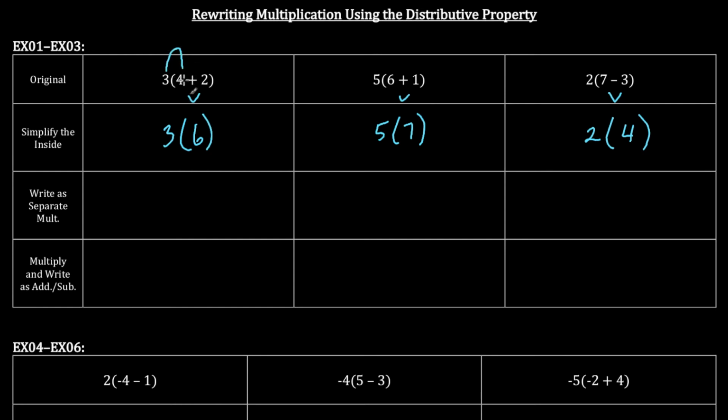But you could also write this as 3 times (4 plus 2). So you could also rewrite 3 times (4 plus 2) as 3 times 4 plus 3 times 2. In this one, instead of writing 5 times (6 plus 1), you could write it as 5 times 6 plus 5 times 1.